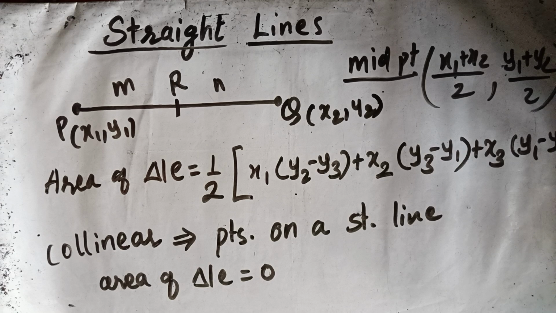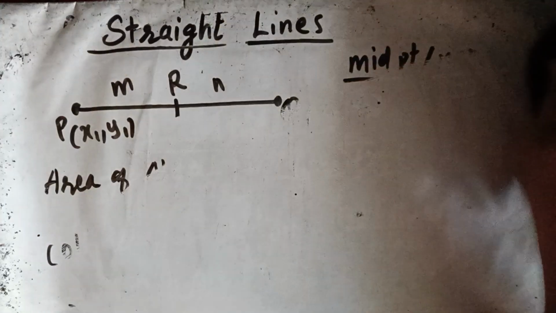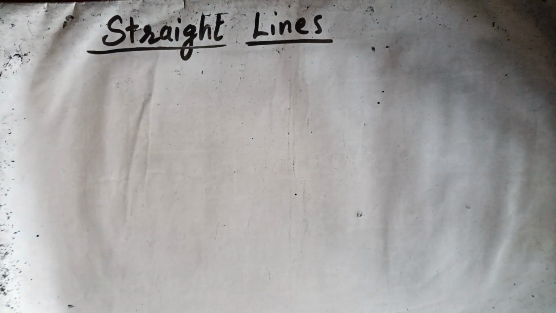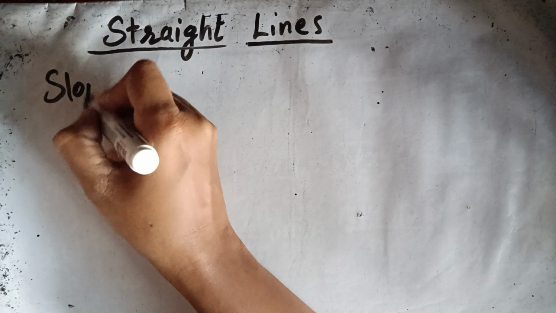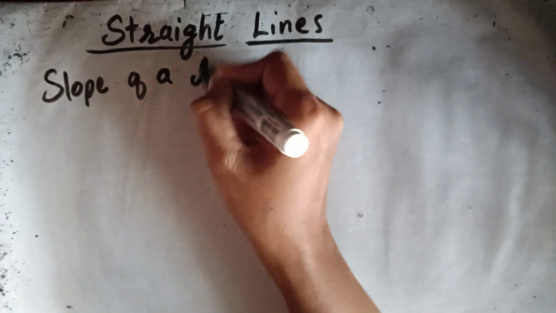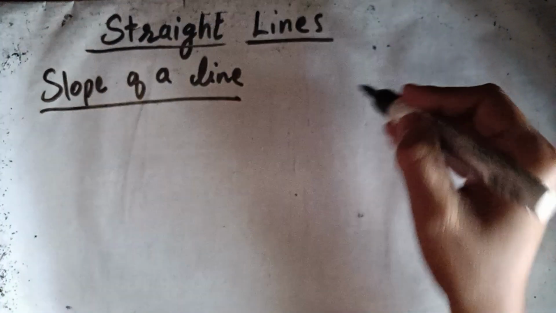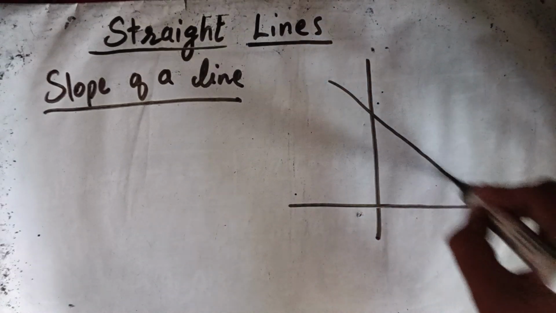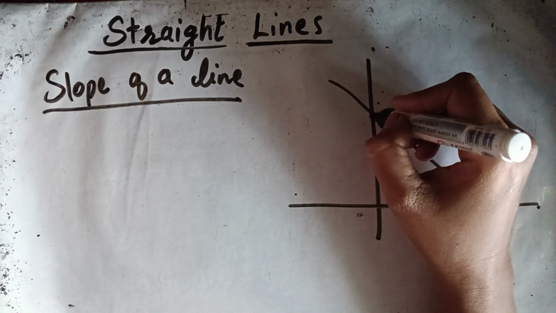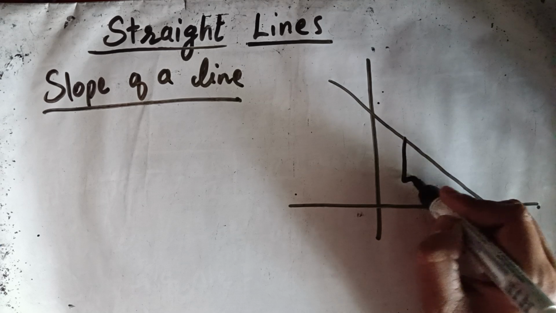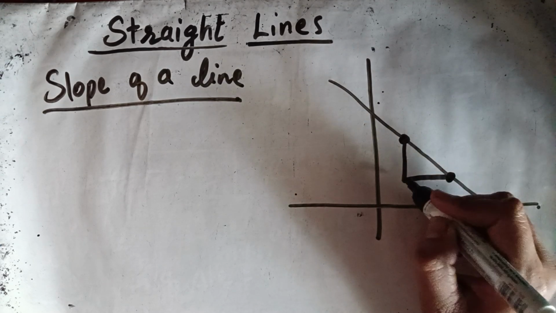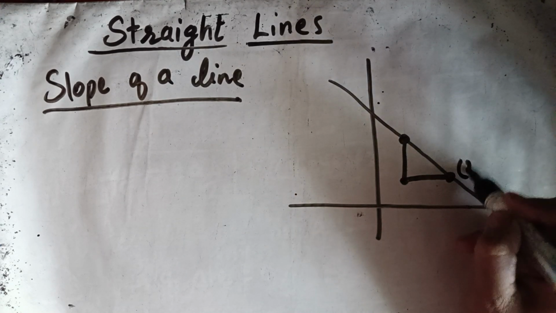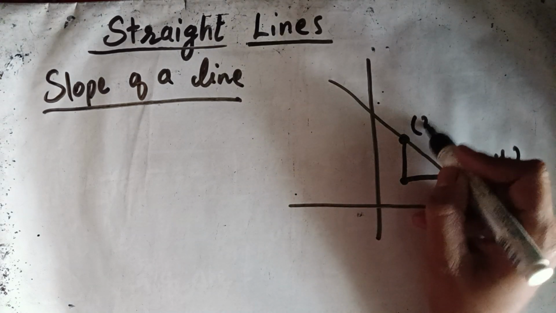Now let's start with this chapter. The first thing given here is the slope of a line. How do you calculate the slope of a line? If you have a line like this and you want to calculate the slope, there will be two points: this is (x1, y1) and this is (x2, y2).